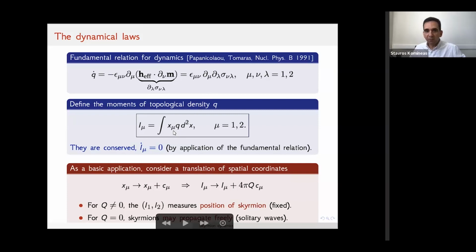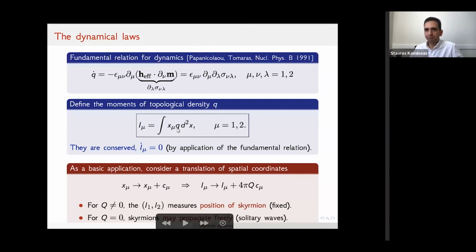And this is now a very strong result, because if you have a skyrmion and it has some topological density, this x times q more or less gives you the center of mass of the skyrmion, or to be more precise, the center of the topological density.